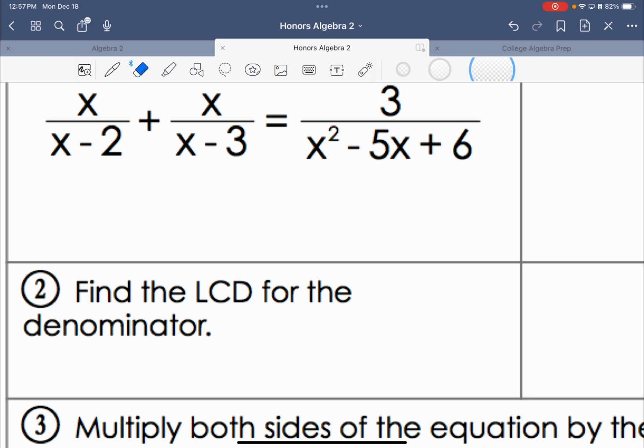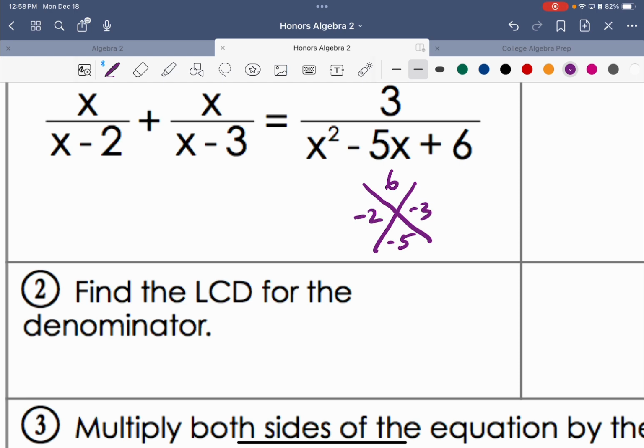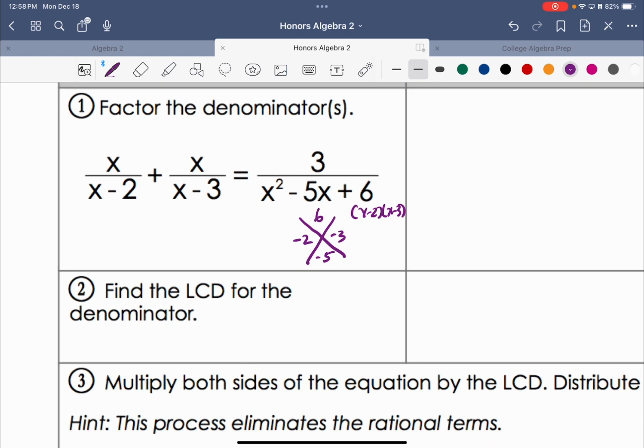It's a trinomial. So we'll try the x method. So 6 and negative 5. Negative 2 and negative 3. So that factors into x minus 2 and x minus 3, which we already have, which is good.